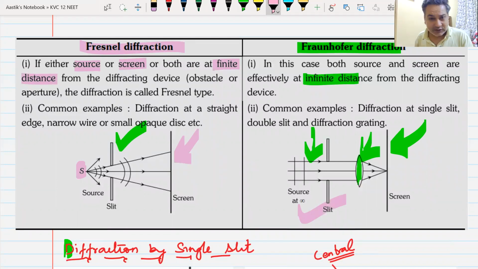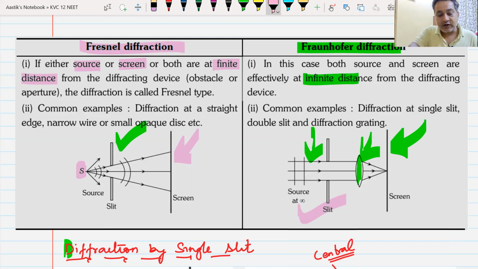Now if they give you this lens diagram, what we have derived right now is the width of the central maxima and everything in terms of capital D. Capital D is the distance between the screen and the slit. Yes or no? If they give you this convex lens, that means they have given you the Fraunhofer diffraction.